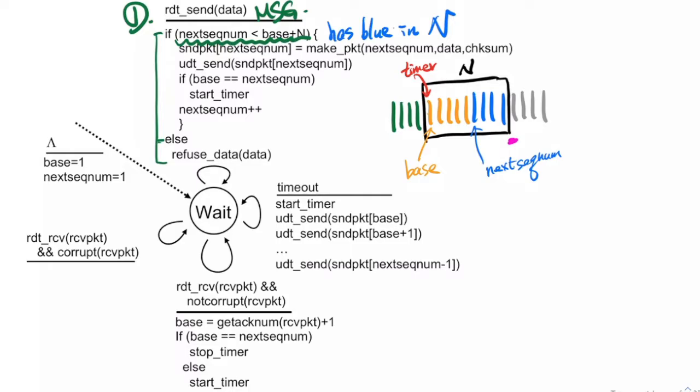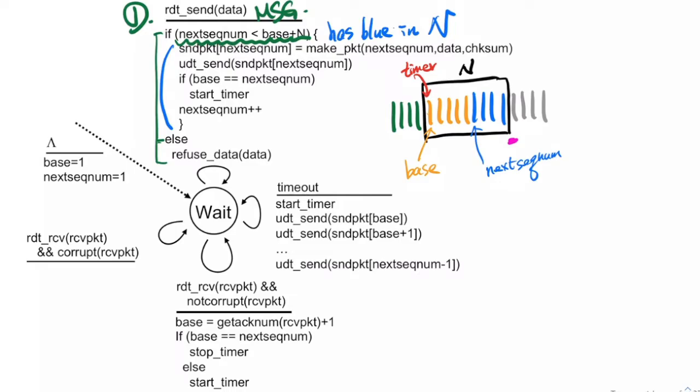That means we don't have any blue segment in the N window because all the segments are yellow. So the if means there is still blue segment in N, then we do this part.